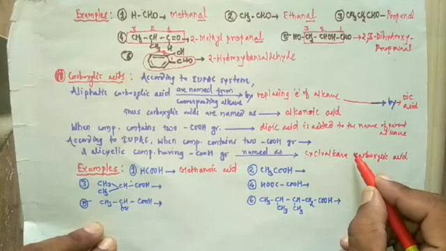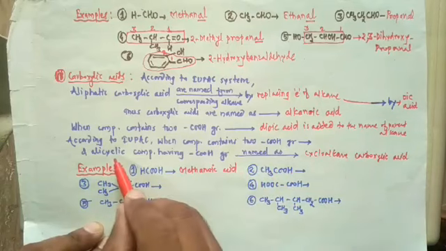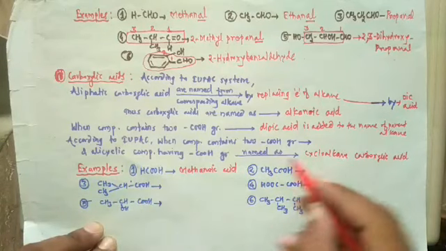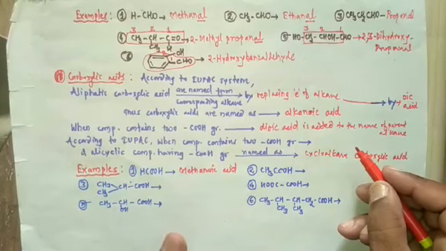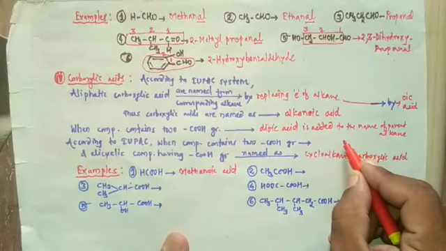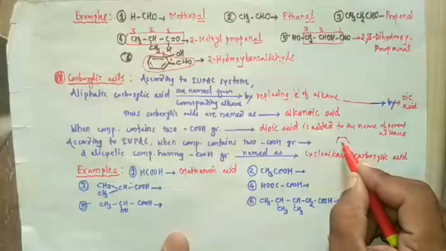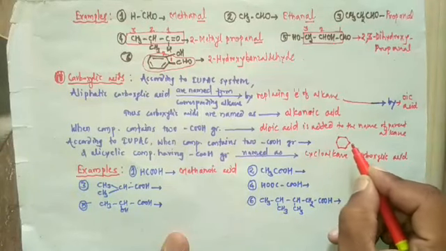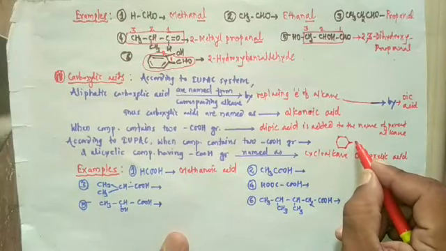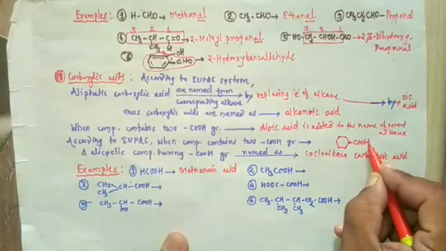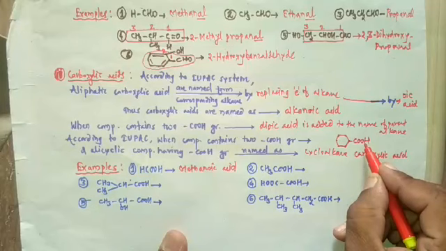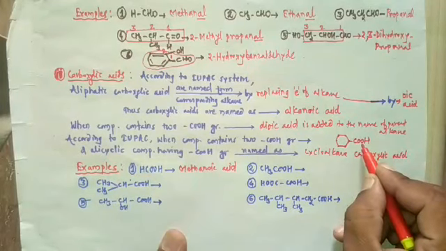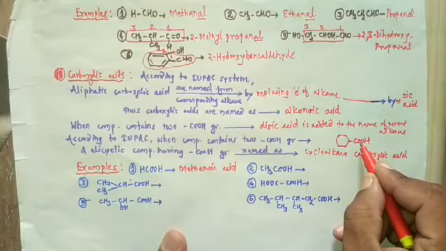So here, to understand how alicyclic compounds are named, take one example. This alicyclic ring is attached to the COOH group. So its IUPAC name can be written as follows.